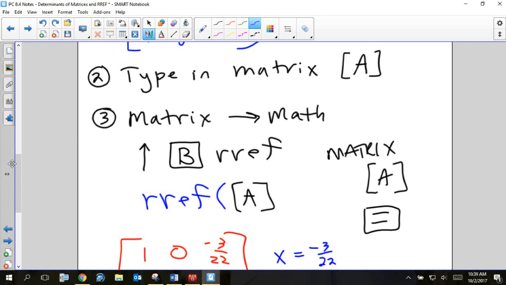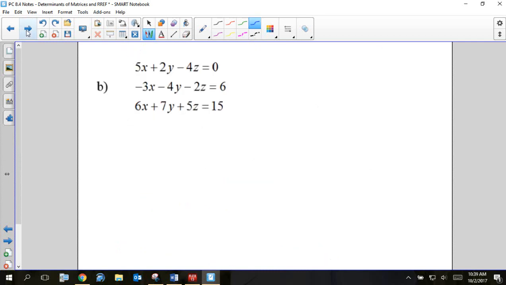But that's how you do it. Okay, I'm going to write my augmented matrix up, because that's the work you have to show.